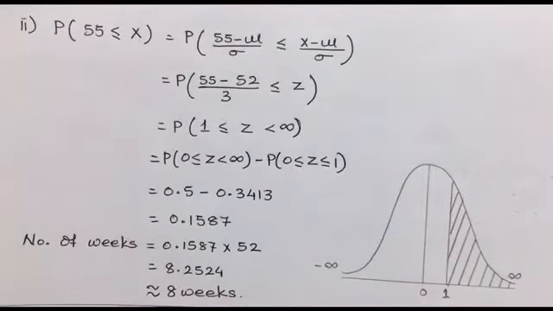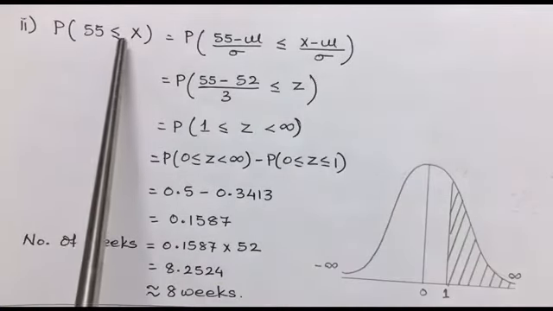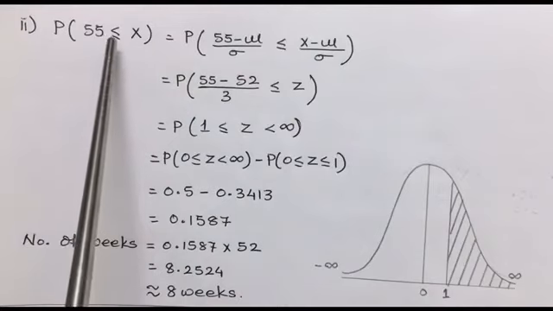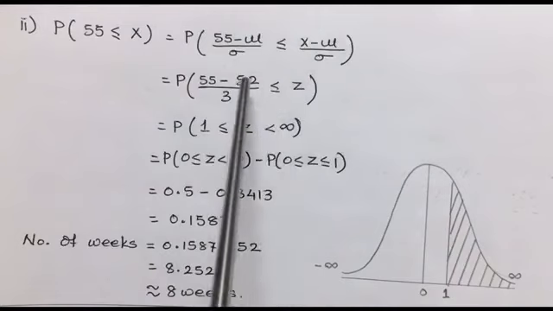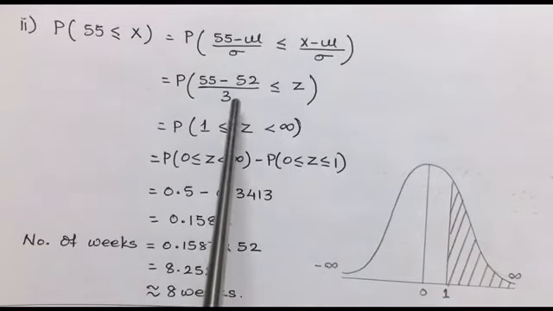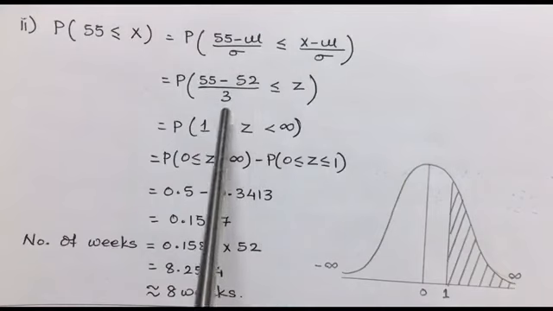Now the second part of this question is estimate the number of weeks during which the sale of electronic items is more than 55 units. More than 55 units means 55 is less than or equal to X. Standardizing it by subtracting mu and dividing by sigma.